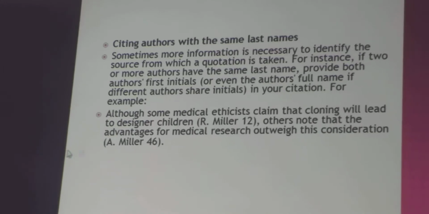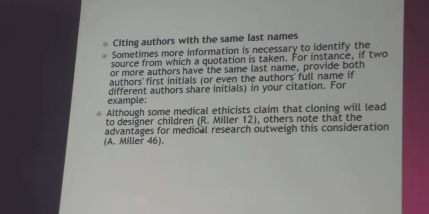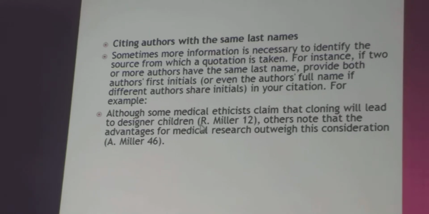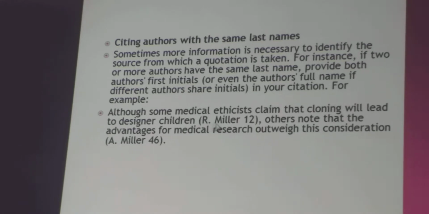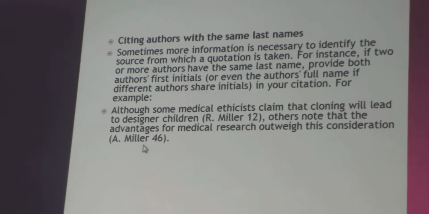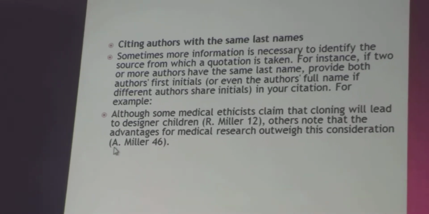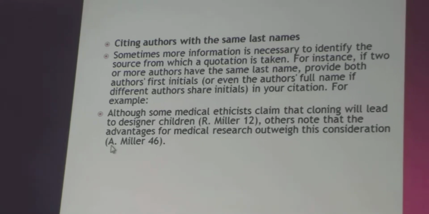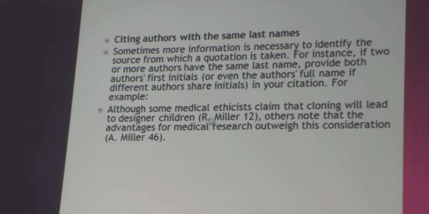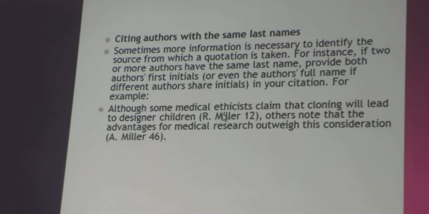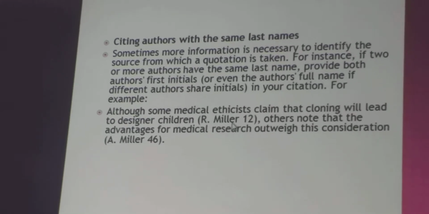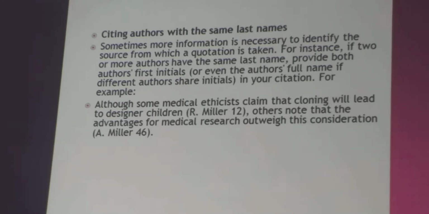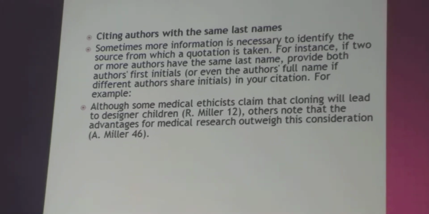So as you can see here, we've got Miller, his first name starting with R, and we've got a second Miller, whose first name starts with what? Starts with A. Okay? So in this case, to make a distinction between these authors, since here there is no page number, there is no date of publication, you are obliged to add what?